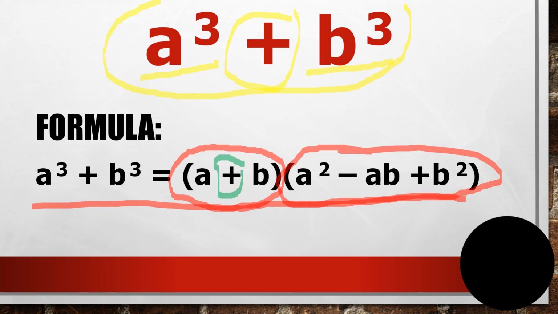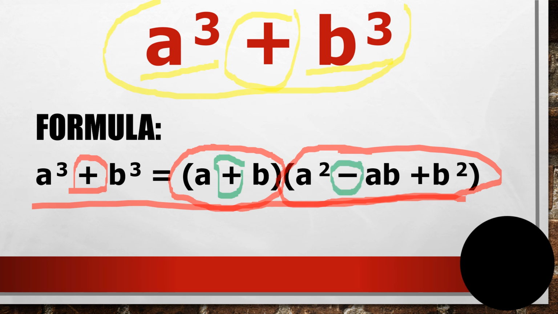Let us say the given problem is here. We have positive. The middle term is positive. Here in the trinomial factor, its middle sign will always be opposite. So the opposite of positive, we have negative.